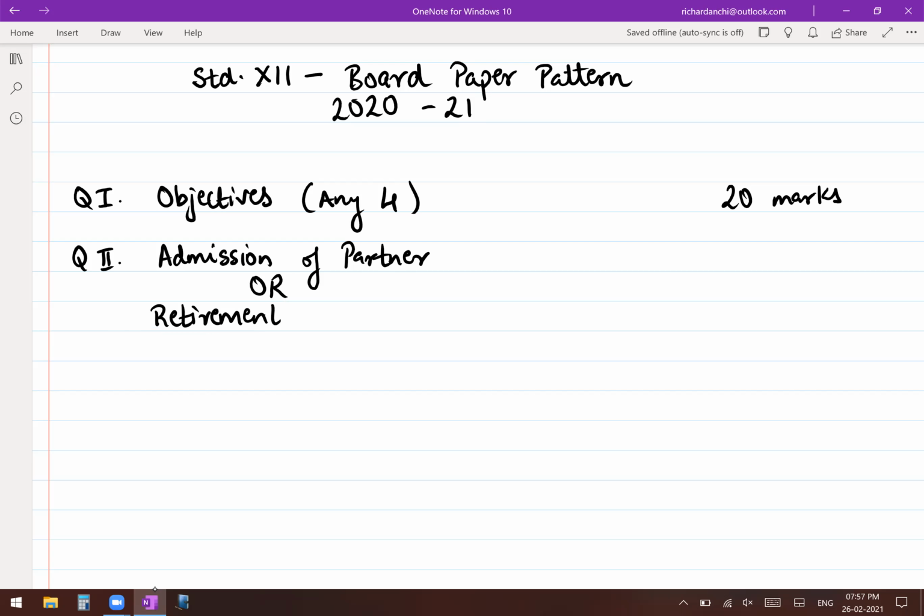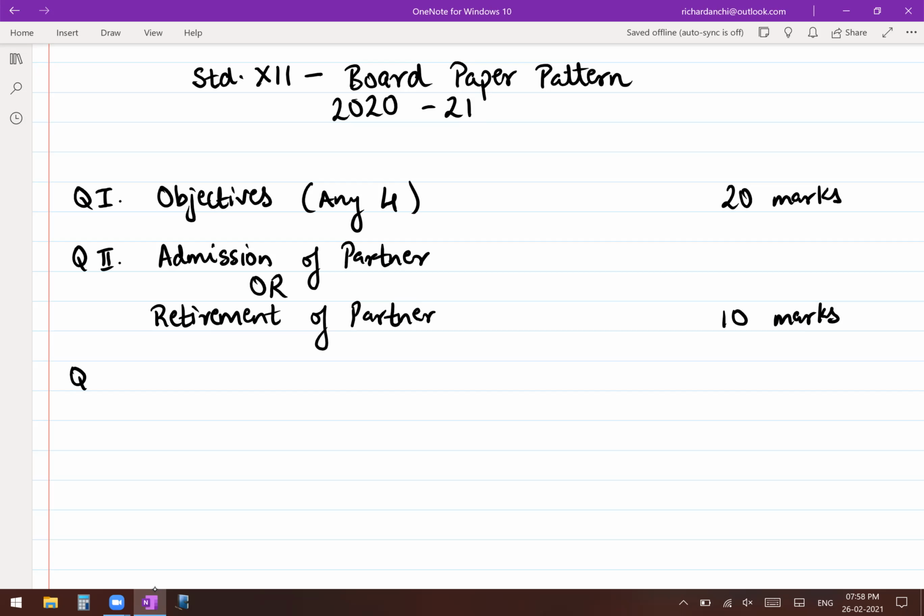You can study retirement, but it is an option. This is for 10 marks. But remember, children, objectives will be coming from all the chapters. Even if you leave retirement as the option, objectives will be coming. So for a full question, you either do admission or retirement.